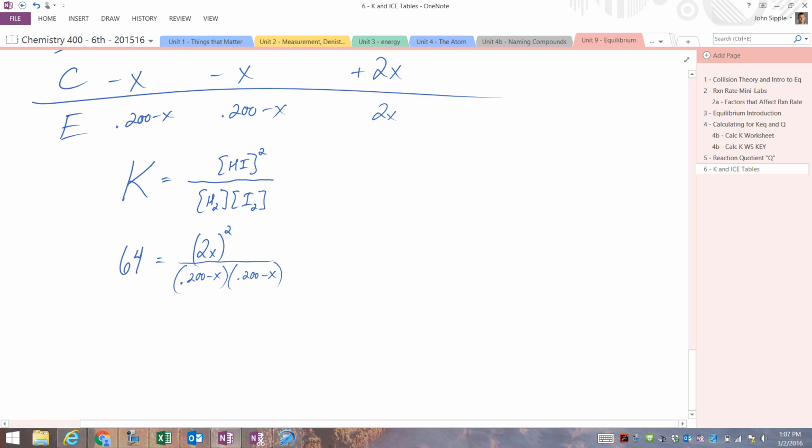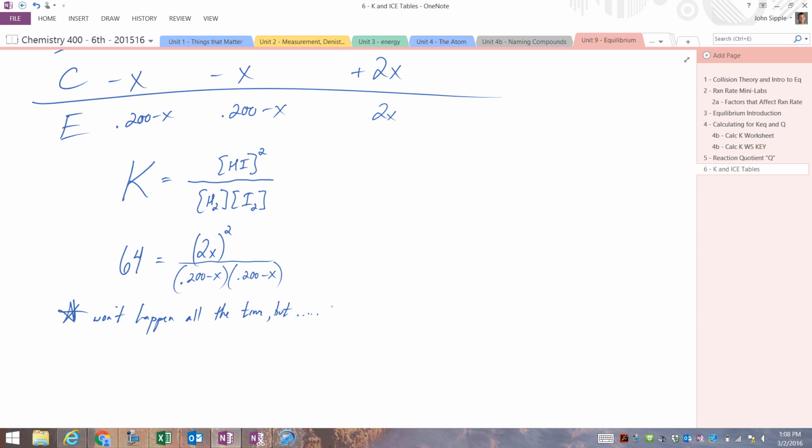This won't happen all the time, but math people, what do we notice here about everything in our equation? Yeah, it's all perfect squares. We can take the square root of everything, because we have 2x squared on the top and 0.200 minus x squared on the bottom.